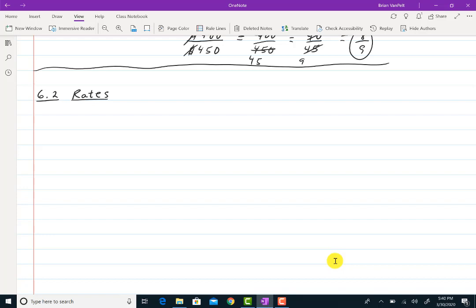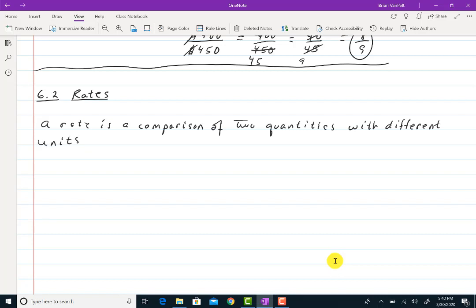So a rate is a comparison of two quantities with different units. So as an example, you might see something like this.